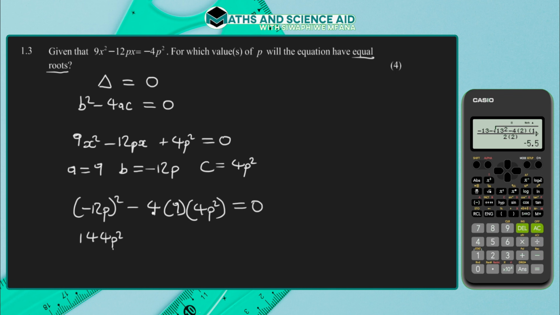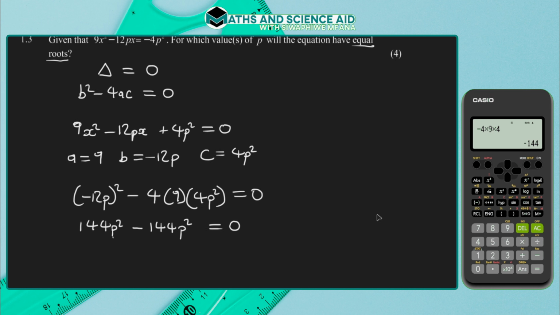And now what is negative 4 multiplied by 9 multiplied by 4? Well, I would use a calculator for that. So we need to work out negative 4 multiplied by 9 multiplied by 4. So that's negative 144. So here we'll have negative 144p squared equal to 0.